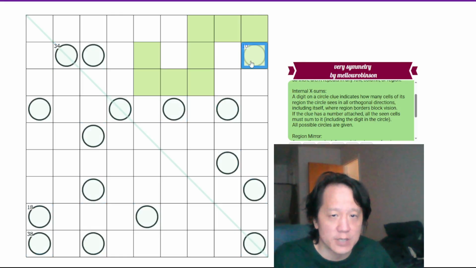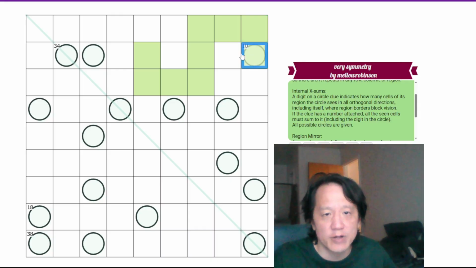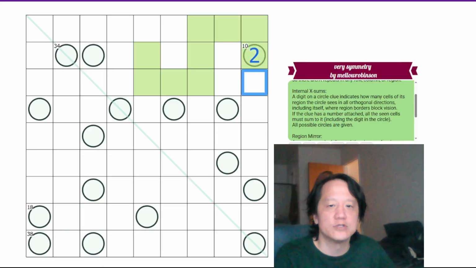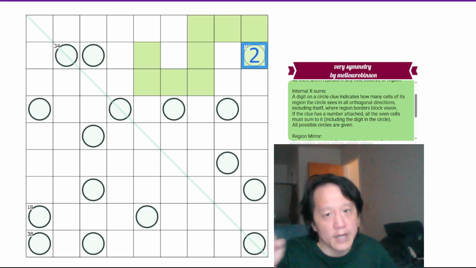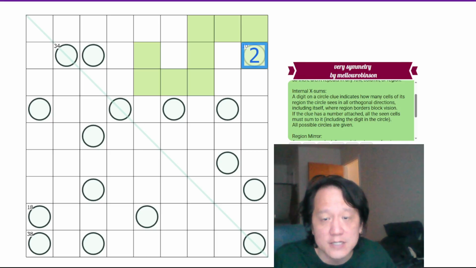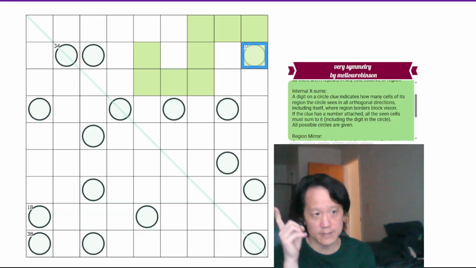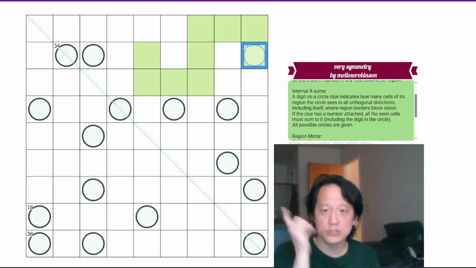So, for example, this would see only 2 cells because it's blocked by the borders here, so it cannot see these cells here. So this would have to be a 2 for this digit in the circle. And if a clue has a number attached, all the seen cells must sum to it, including the digit in the circle, and all possible circles are given.